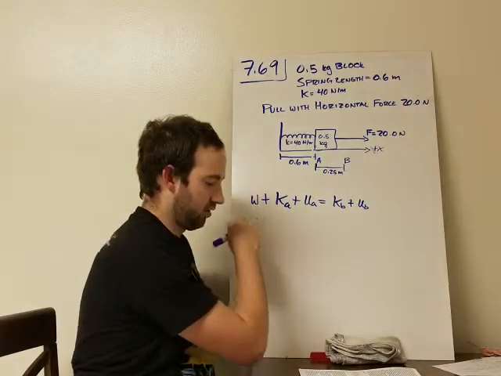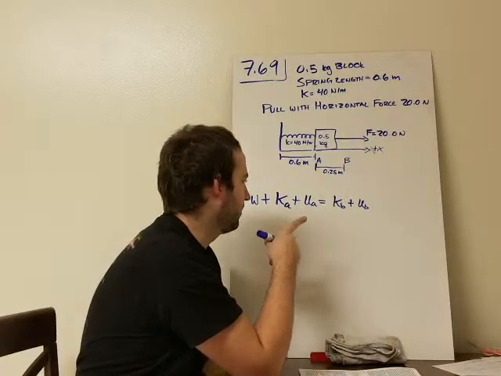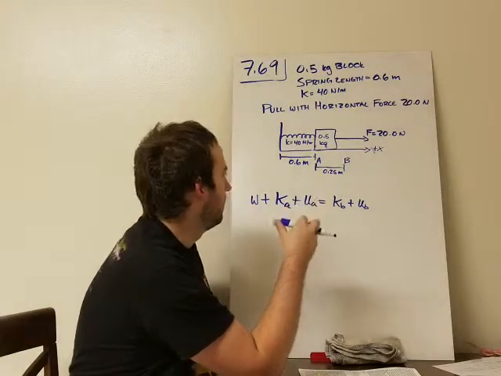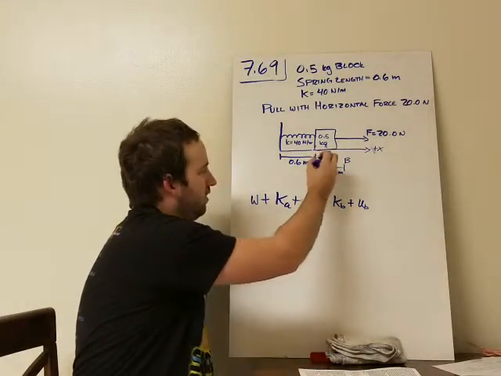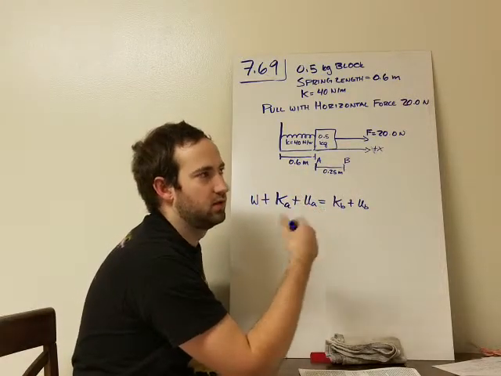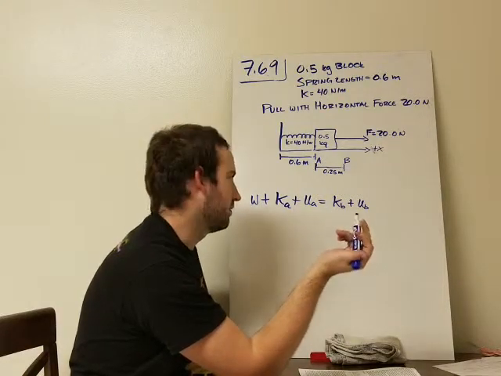We need to factor in work though as well on the A side. Something we can look at is that at point A, this was at equilibrium, so it didn't have any kinetic energy and it didn't have any potential energy. It was just sitting there, everything was balanced.